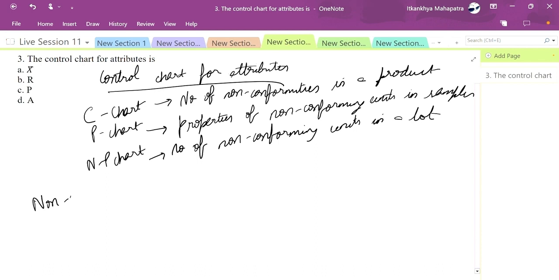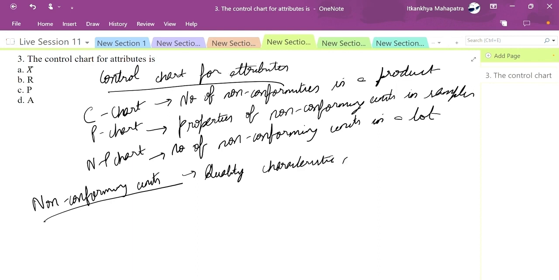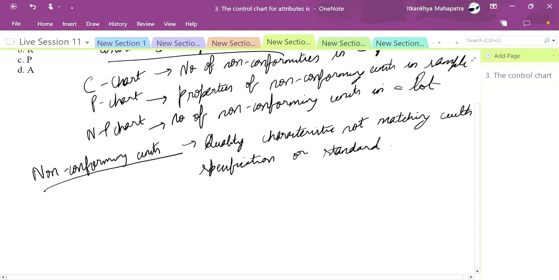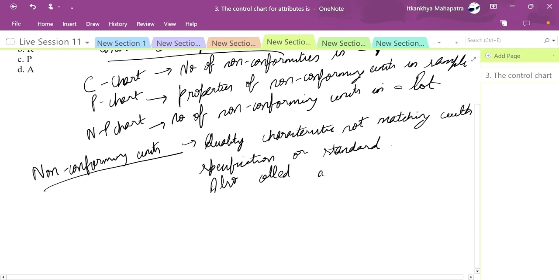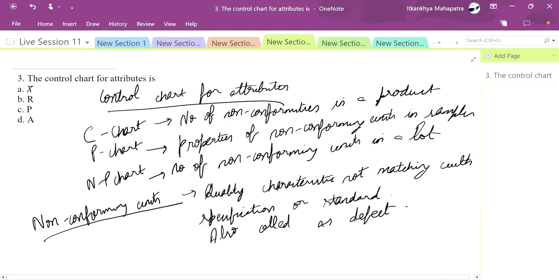Now, non-conforming units means quality characteristic not matching with specification or standard, also called a defect.